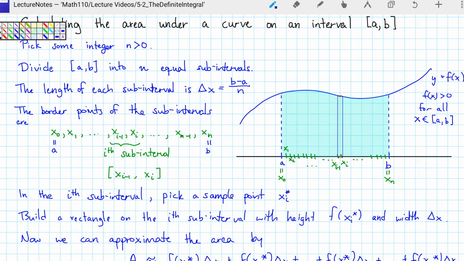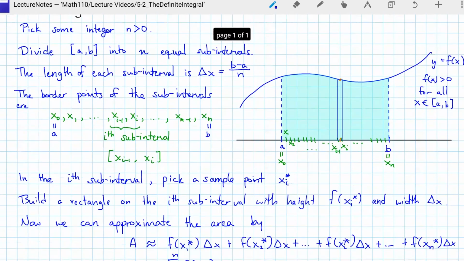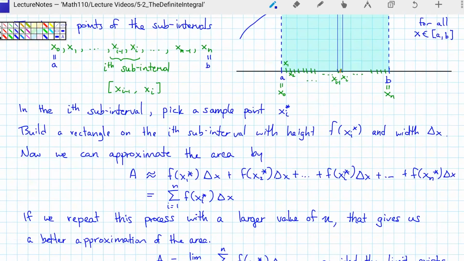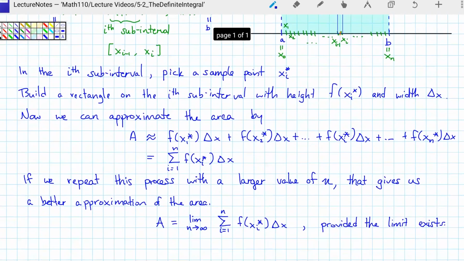If we actually were to make those slices on the n subintervals, each of those pieces would not quite be a rectangle; the top end would be a little bit curved, but we approximate with a rectangle. Then we add up all of these rectangular approximations to get an approximate value of the area, and we get a better approximation with larger n. And so our area becomes the limit as n goes to infinity of doing this process.